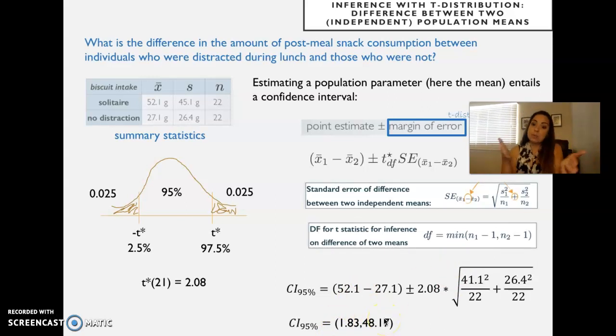So it's not a very precise confidence interval, which can happen when we have very small sample sizes, as we discussed last class. So all we know with this particular study, with this tiny sample size, is that 0 is not inside of here, so 0 difference is not likely to happen.